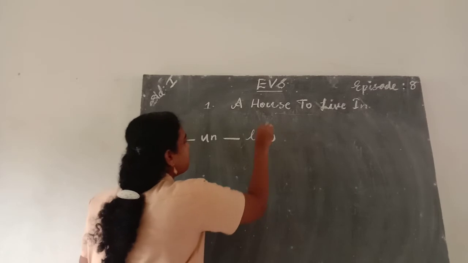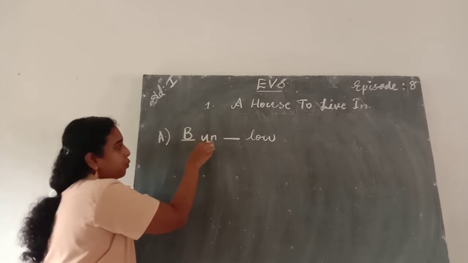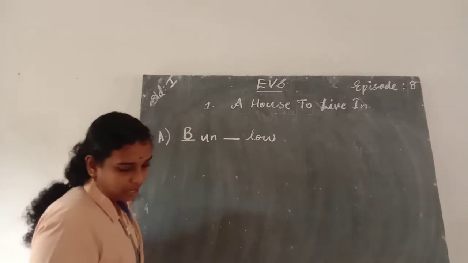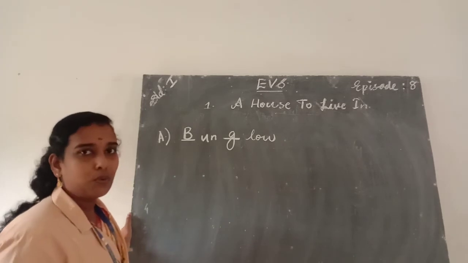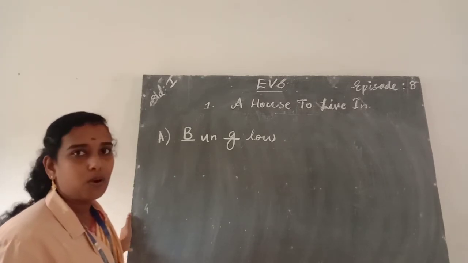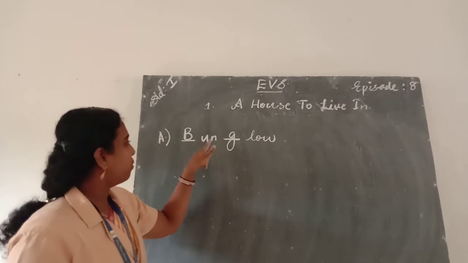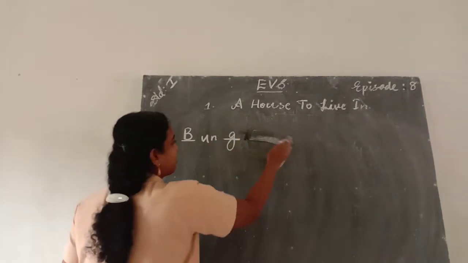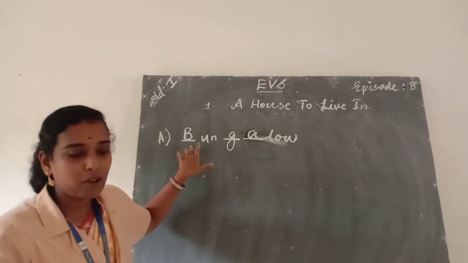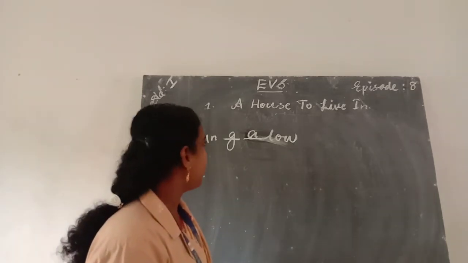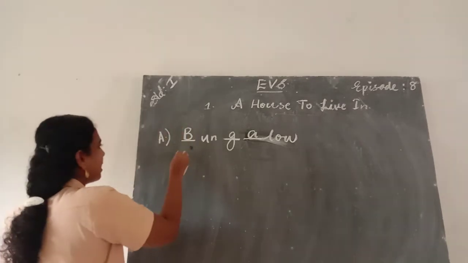L, O, W. So the missing letters are B, then G, and A. So what is the spelling of bungalow? B, U, N, G, A, L, O, W. Bungalow.